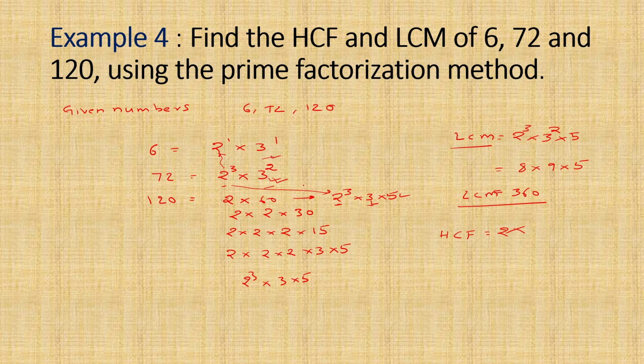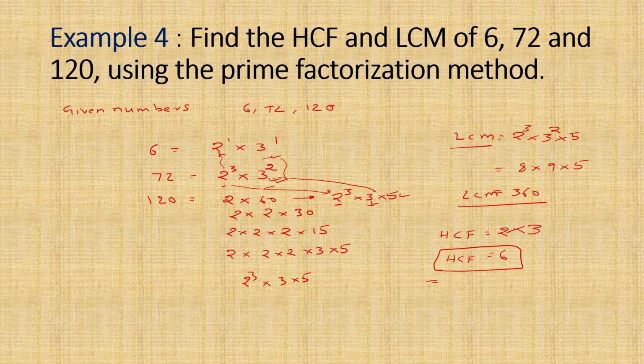The smallest is 3. And 5 is not common, so we will not write 5. We need to write the common factors with the smallest power. 2 into 3 is 6. So the HCF is 6.